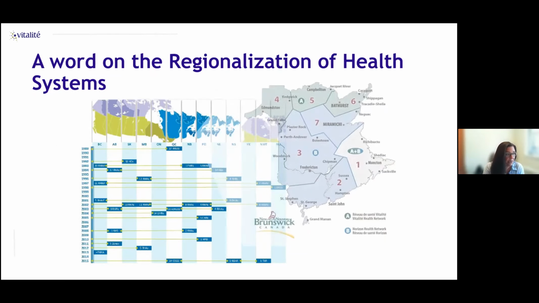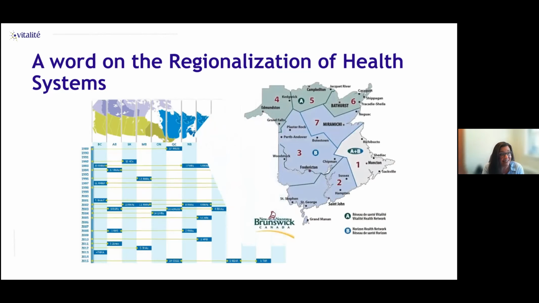In New Brunswick, we've gone from 17 regional health authorities to 8. And then in 2008 had the major one where we became 2 health authorities. So you can understand how this can contribute to the identity and engagement of staff. Initially we belonged to a specific hospital. Now we're part of a greater network. What does it mean?